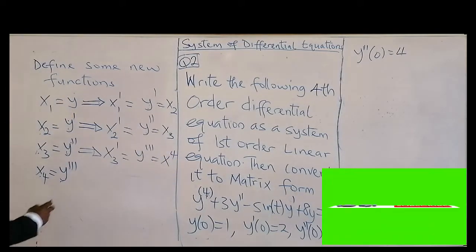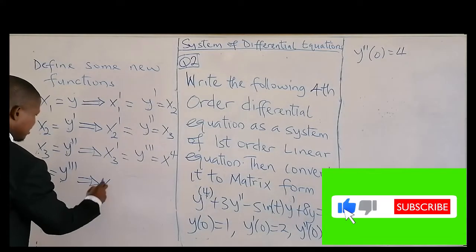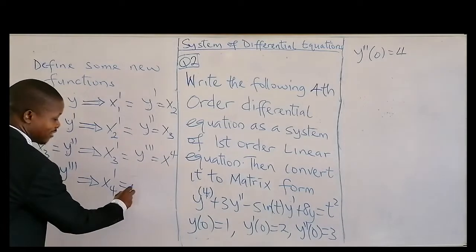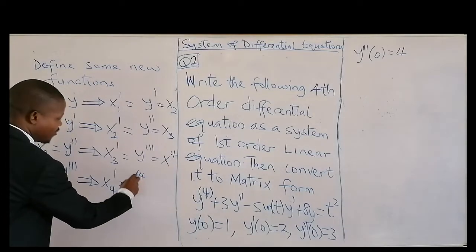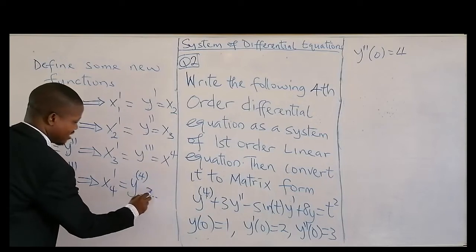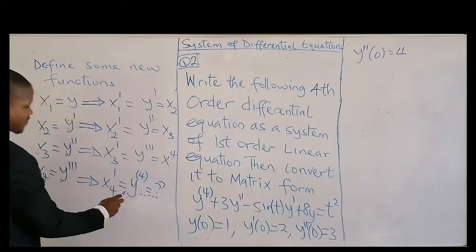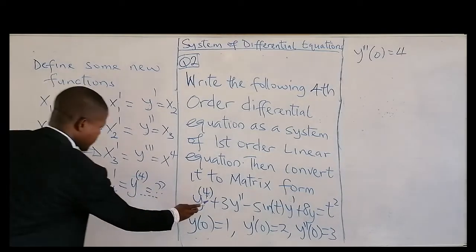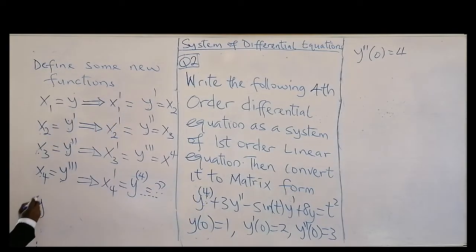So then x4 prime is what we're looking for now, and that will be y4, the fourth differential, and we're going to get an expression for that from this equation. From here, can you make the fourth differential the subject of the formula?